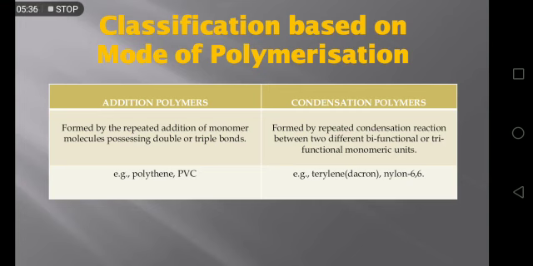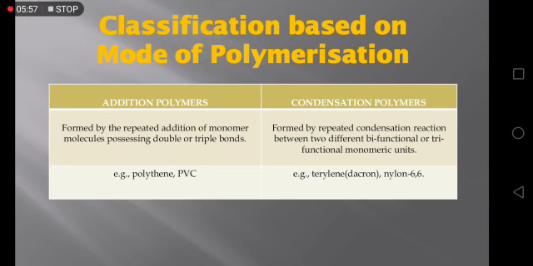And condensation polymers are those which are formed by repeated condensation reaction. That means when the reaction is taking place, small molecules like water are eliminated. We'll be doing all these reactions later. This is just the introduction and classification.